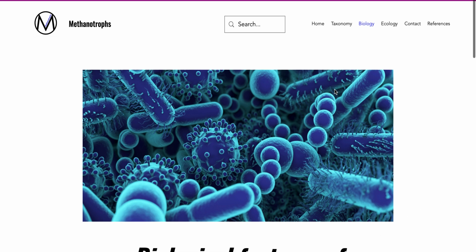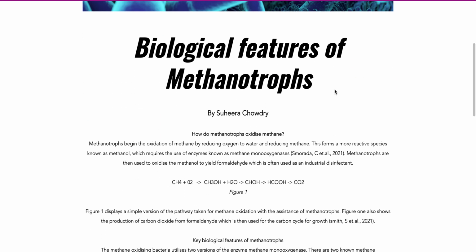And for biology, of course, you can see how they oxidize methane, how they process methane, and of course this chemical equation helps demonstrate it much nicely.